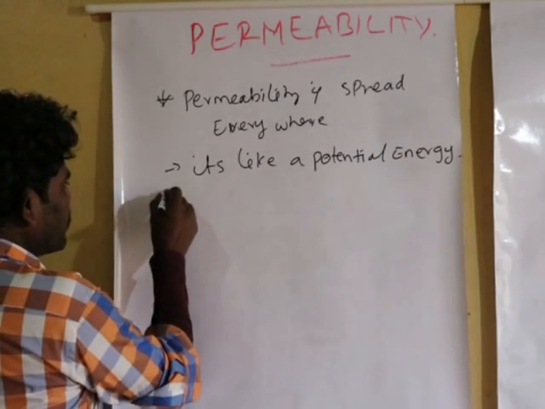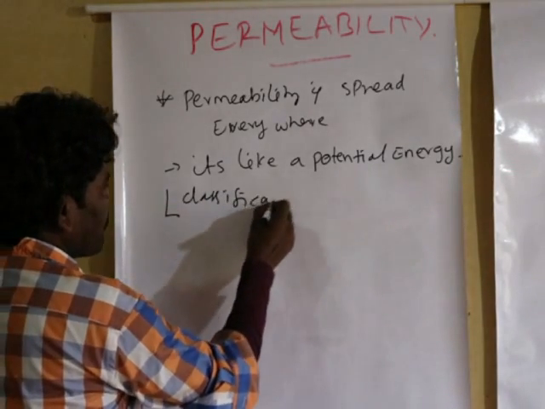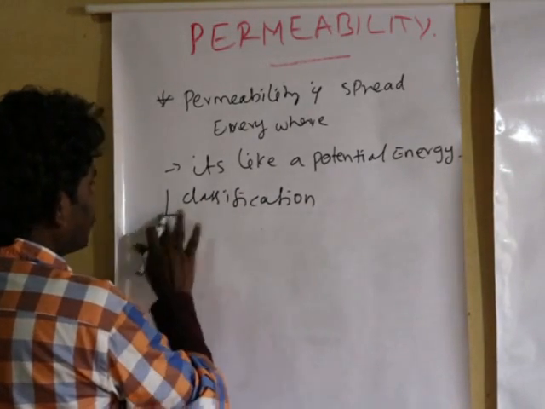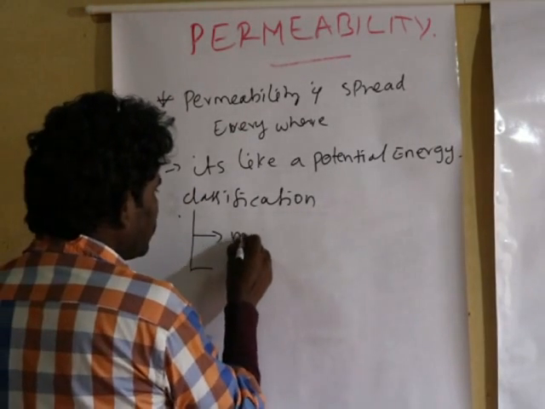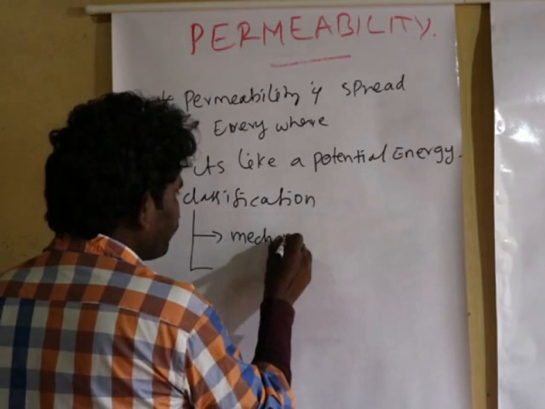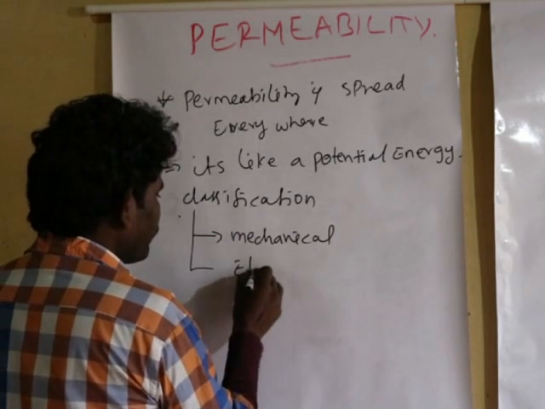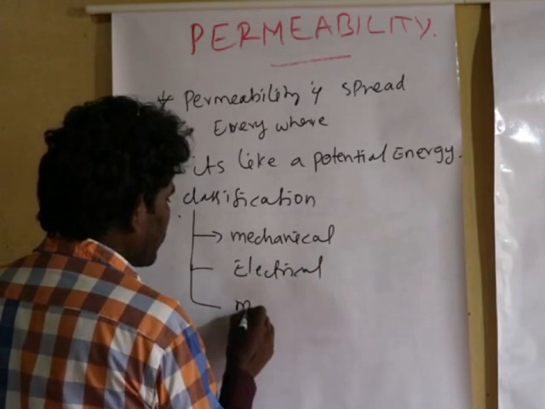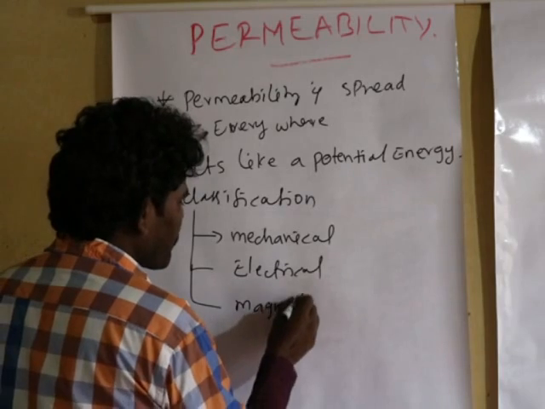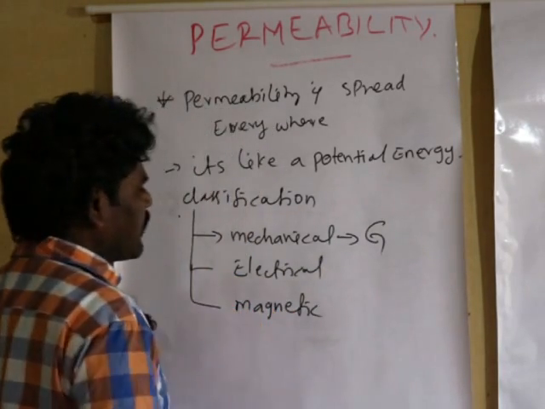And when I am classifying this, I have to classify it into mechanical, electrical and magnetic. The mechanical we call capital G, that's the universal gravitational constant.